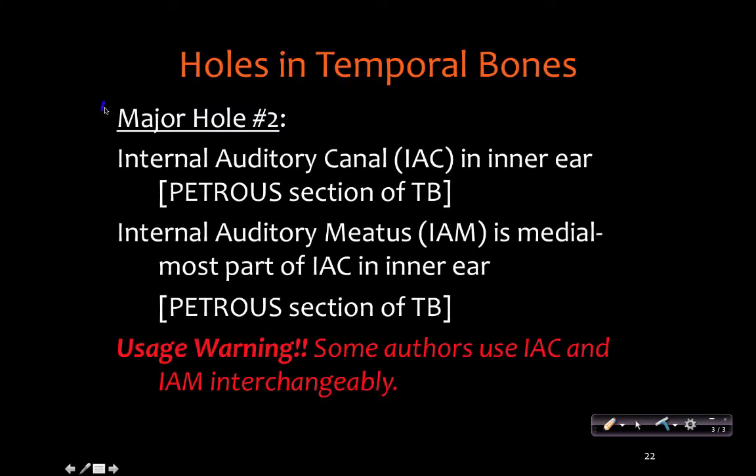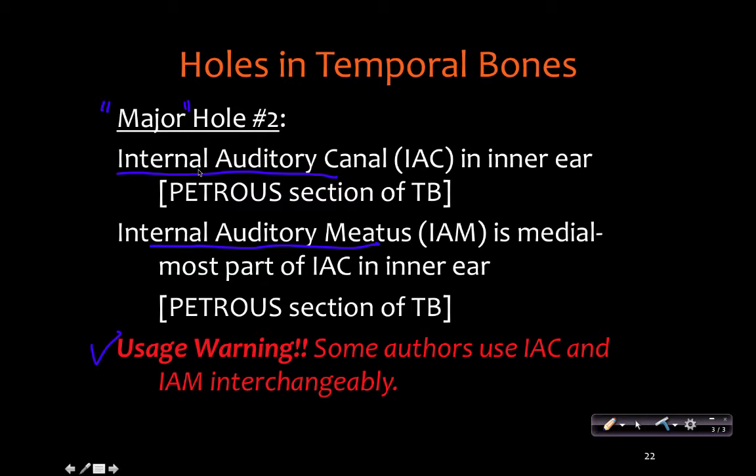Major hole number 2, again, major meaning in reference to the auditory system, would then be the internal auditory canal, or the internal auditory meatus. And again, my warning still applies, that these terms would potentially be used interchangeably by some authors. The internal auditory canal, we've already seen it.